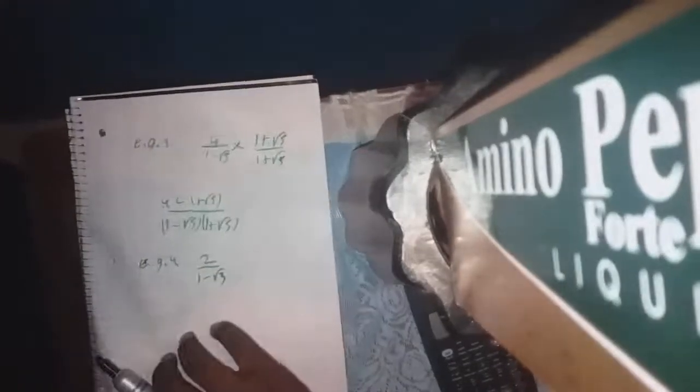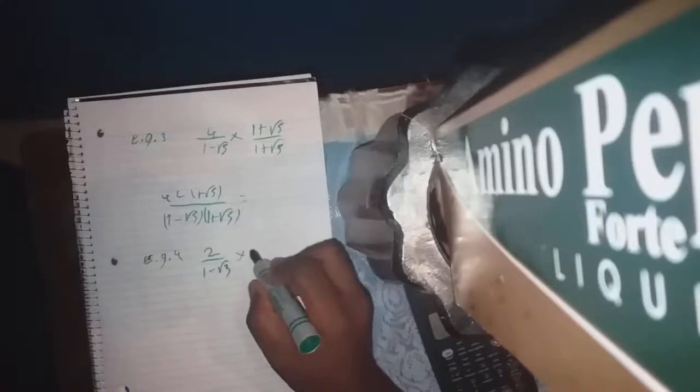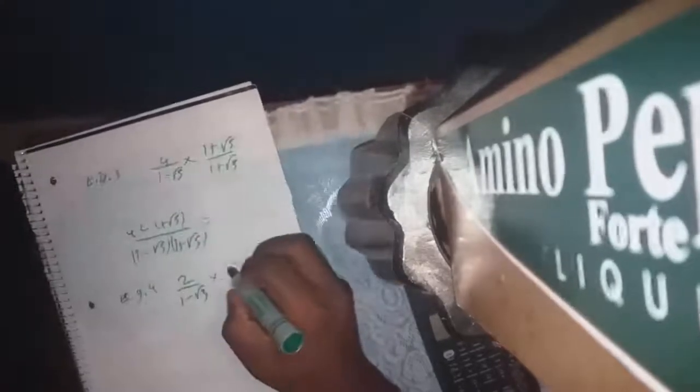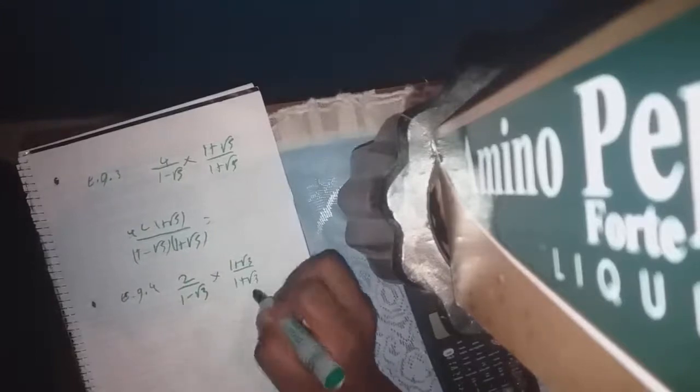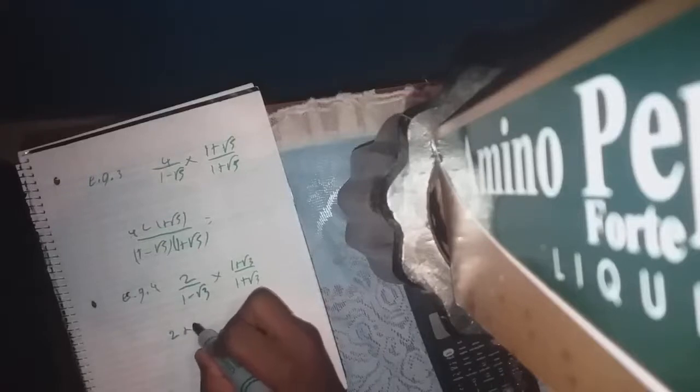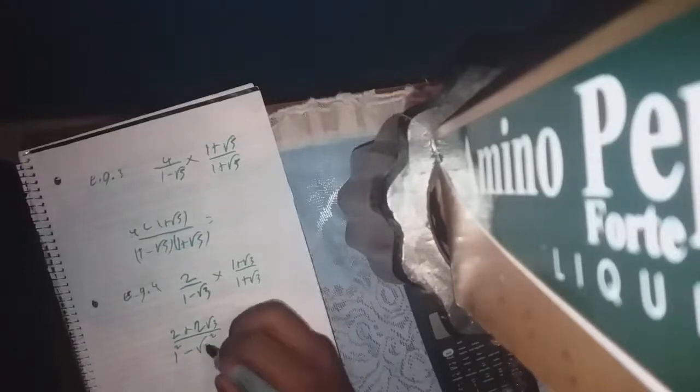Here's another example. 2 over 1 minus root 3. So this one we would just find the conjugate, which is 1 plus root 3, and say 2 plus 2 root 3 over 1 squared minus root 3 squared, as you know, the difference between two squares.